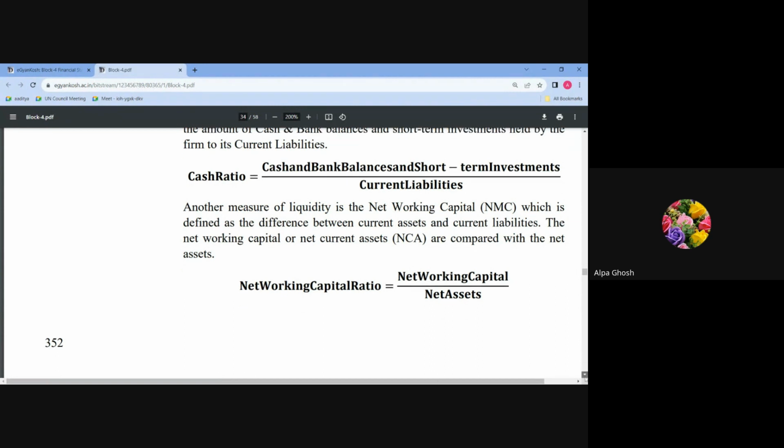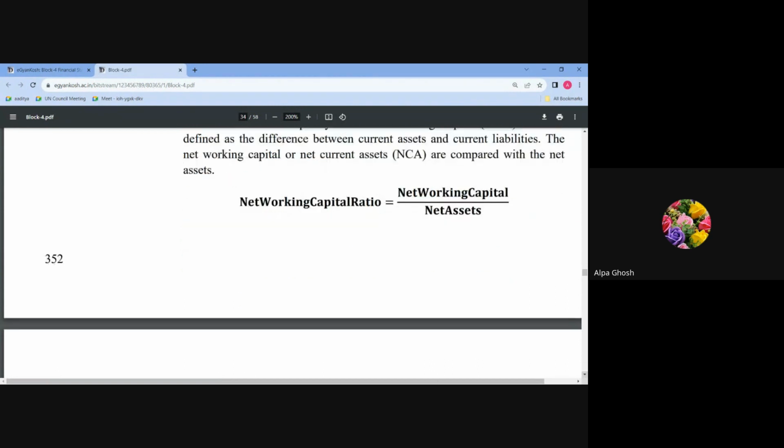Next comes net working capital ratio. Now, what is working capital ratio? I have explained to you what is working capital. Working capital is current assets minus current liabilities. So if you want to understand what is net working capital ratio, it is net working capital divided by net assets. Now, what is net working capital? Net working capital is current assets minus current liabilities.